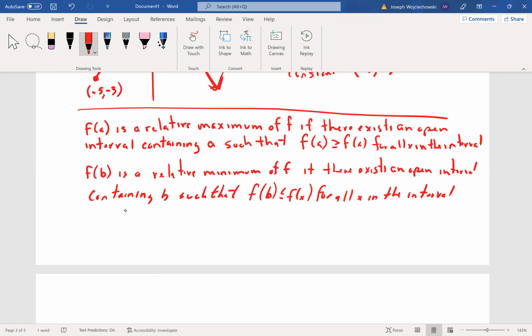We define an open interval as an interval in which the endpoints are not included. We'll go more into what that means in calculus.